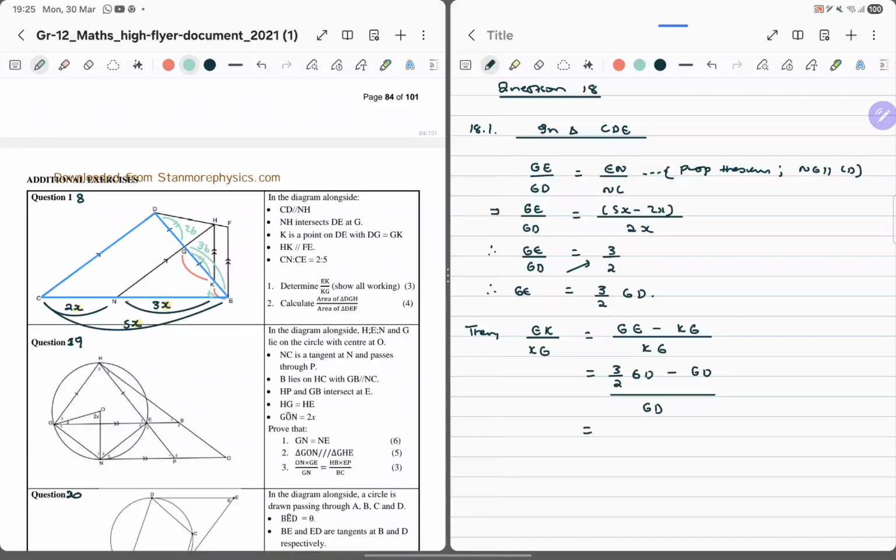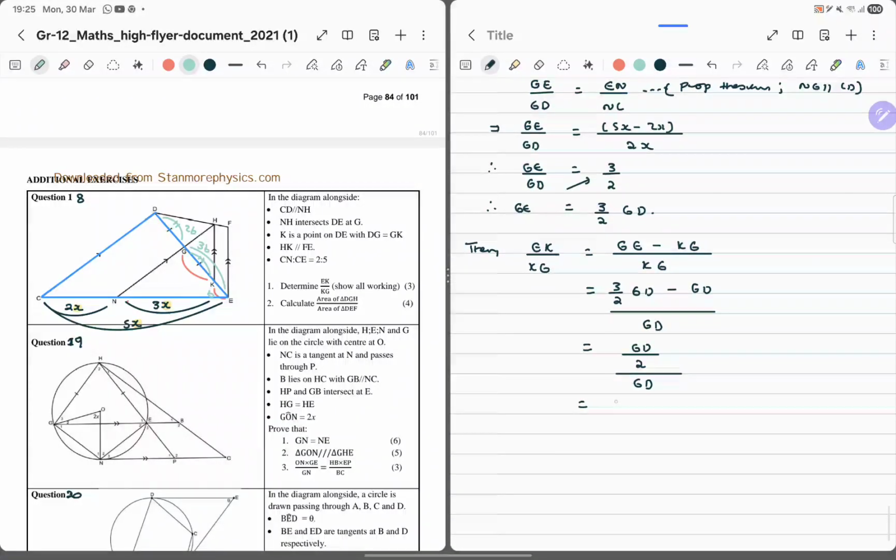So 2 times there, this is going to be 2. So 3 minus 1 is going to be 1. So we end up with GD over 2, divided by GD. Now this simplifies to GD divided by 2GD. This is going to be a half.